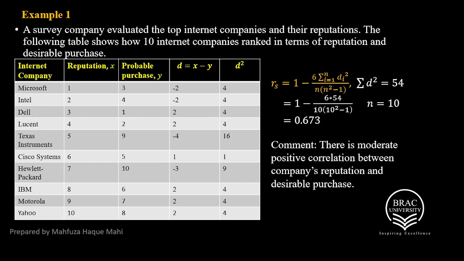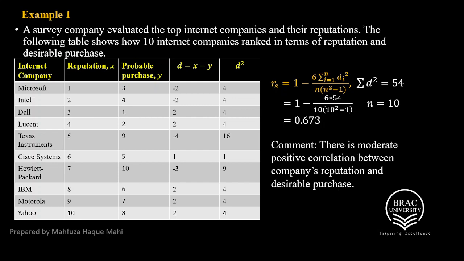Now recall the formula of Spearman rank correlation coefficient, which is Rs equal to 1 minus 6 summation of d square divided by n into n square minus 1.